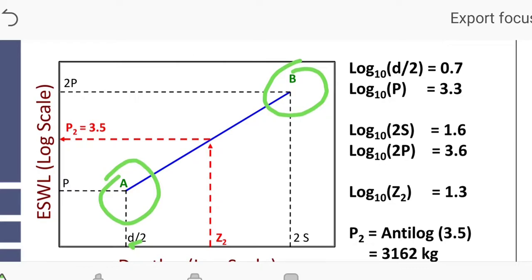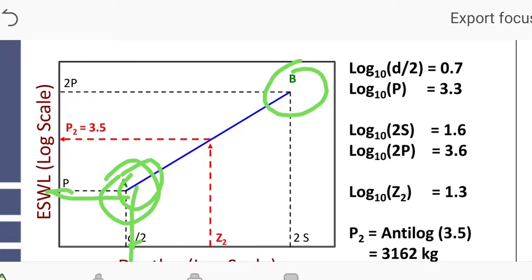As I mentioned earlier, if you are taking a normal graph, then put the log values. For example, log d by 2 is 0.7, so on x-axis 0.7, and on y-axis, that is P value, log P is 3.3, so 3.3 is on y-axis. Those two points will come and join.